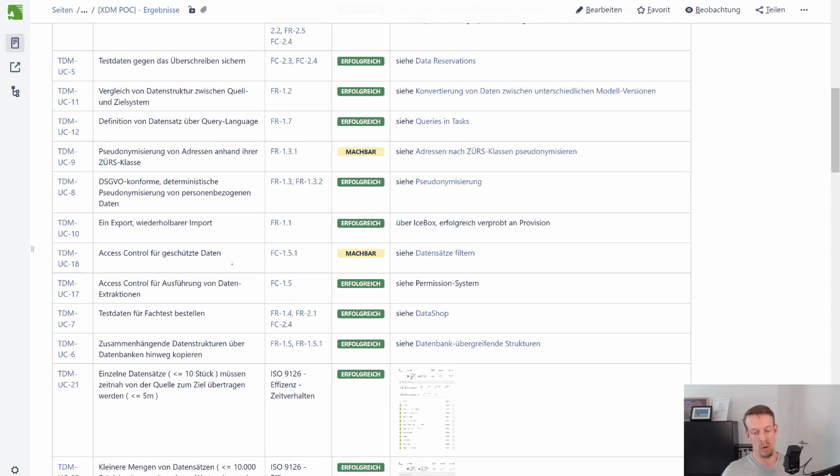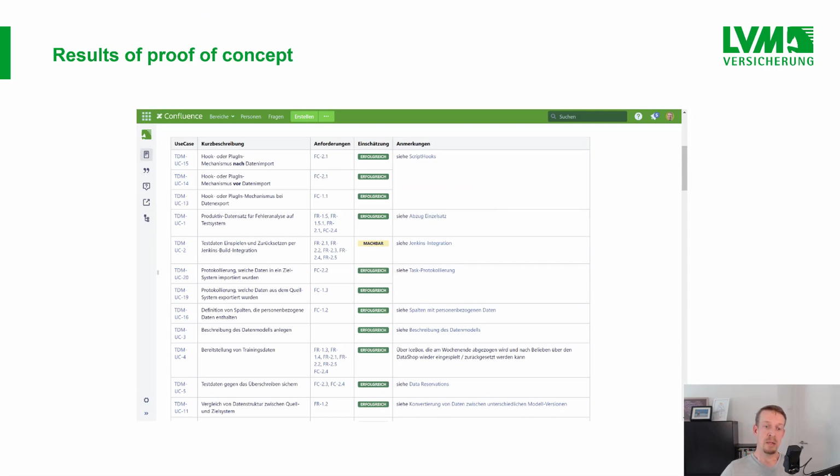Those were quite specific aspects of the insurance business, but XDM showed that it is so open with a plugin system that we can design that on our own. So one can say that the proof of concept was a huge success, and therefore we decided to introduce XDM as an appropriate replacement for our VSNR test.